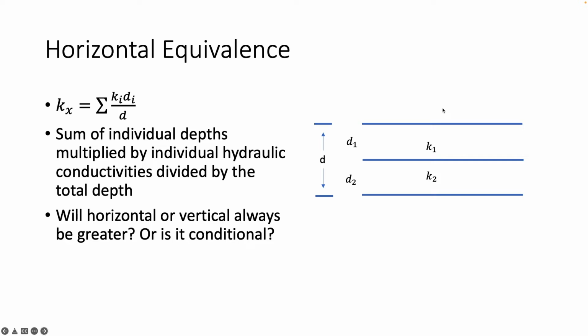But if you're going vertically, so say K2 is something like a clay layer of low hydraulic conductivity, then once you've flowed through K1, it doesn't really matter how conducive K1 is, because once you hit this barrier, it's all going to back up anyways. So whatever your lowest hydraulic conductivity is going to be your bottleneck in the system if you're going in series instead of in parallel. You don't have the option of flowing through parallel.